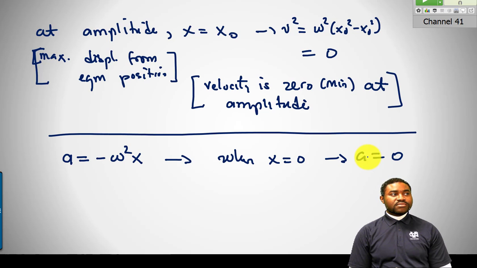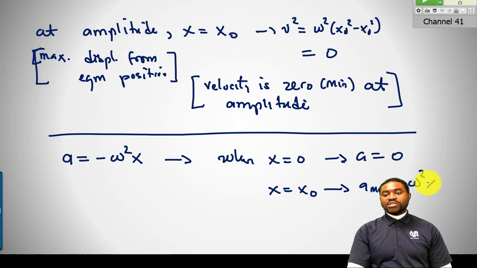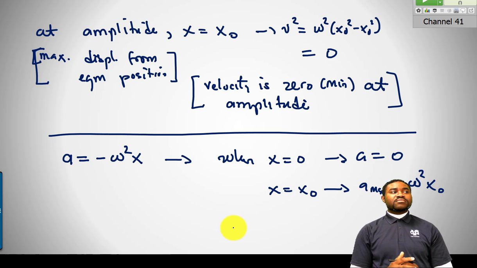Do you understand that? The net force is also 0. Similarly, when x is equal to x naught, a is maximum, which is equal to negative omega squared x naught. This means that the acceleration is maximum at amplitude.